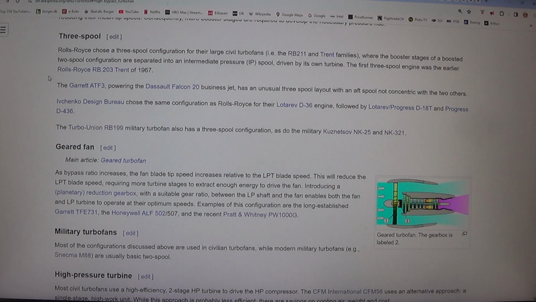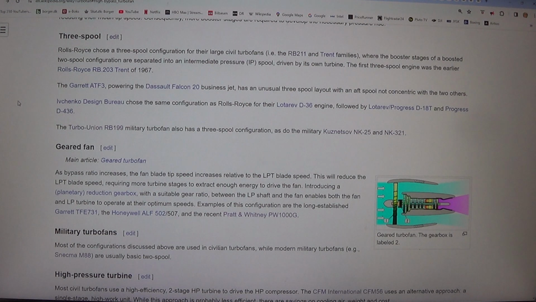The Garrett ATF-3, powering the Dassault Falcon 20 business jet, has an unusual three-spool layout with an aft spool not concentric with the two others. Ivchenko Design Bureau chose the same configuration as Rolls-Royce for their Lotus FD36 engine, followed by Lotus F/Progress D18T and Progress D436.